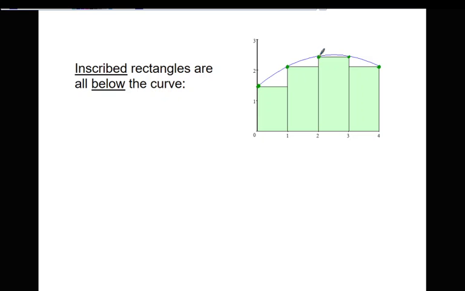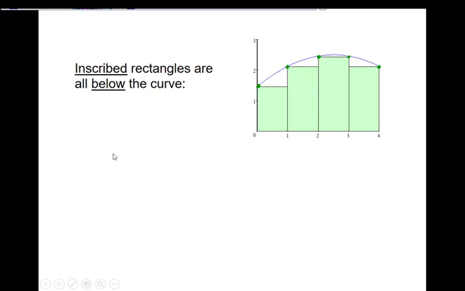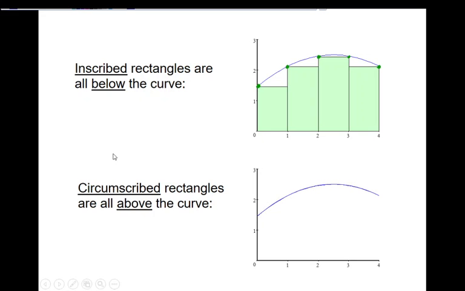When we talk about something being inscribed, we're talking about inside or below the curve, versus circumscribed rectangles, and it's circumscribed, not the other word. They are all above the curve. Notice both corners are above or on the curve. All of them. There's no missing area. So inscribed rectangles tend to be an under approximation, where circumscribed rectangles are all above the curve.